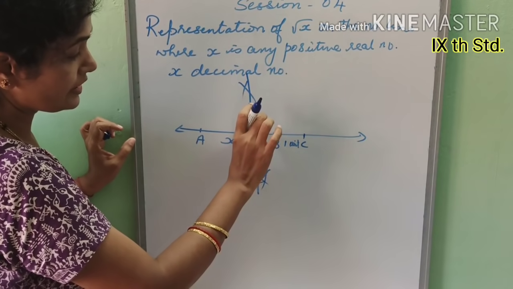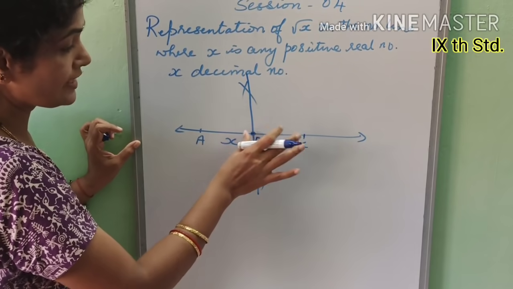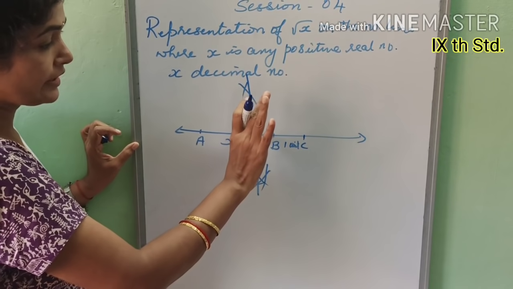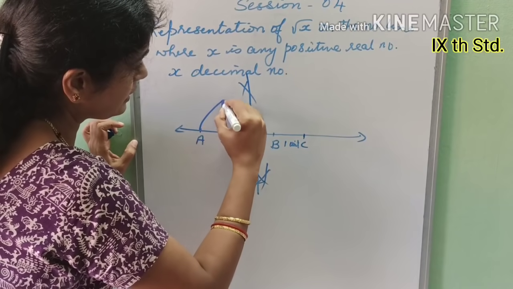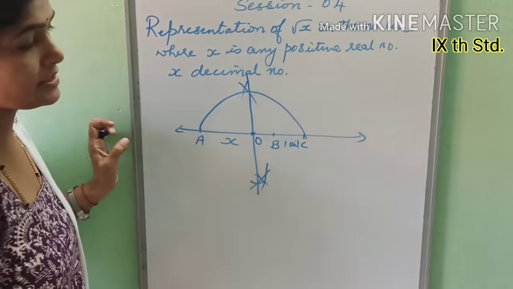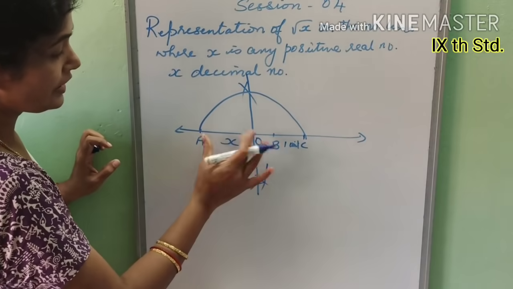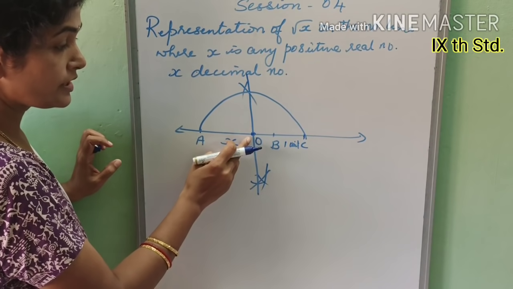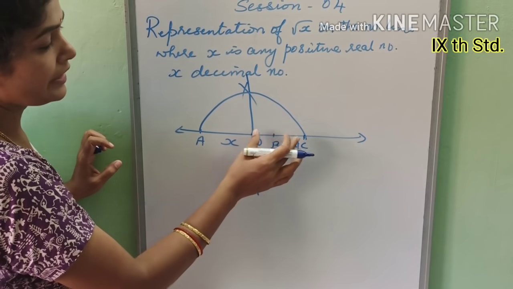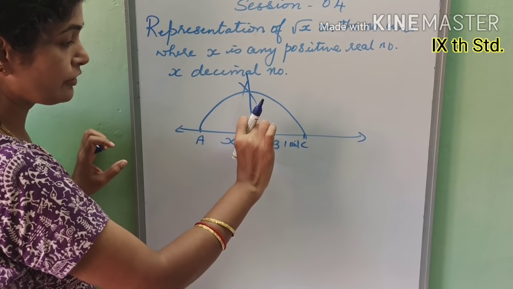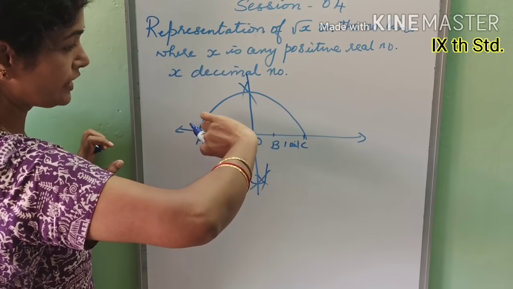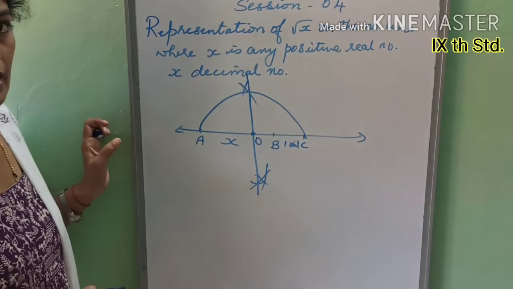Now, take the radius as OA or OC, take the center as O and draw a semicircle. Semicircle on AC, keeping the center as O, radius as OC or OB. The pointer of the compass should be at O. Then with that radius you have to draw an arc.